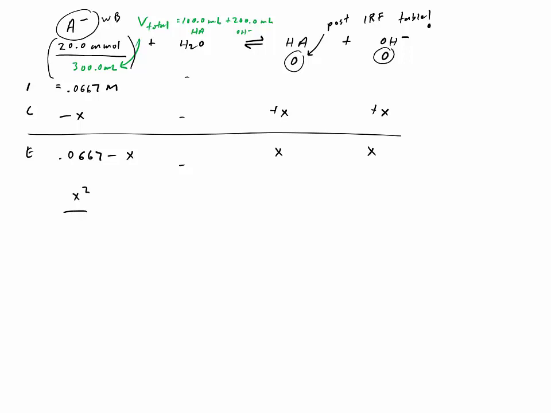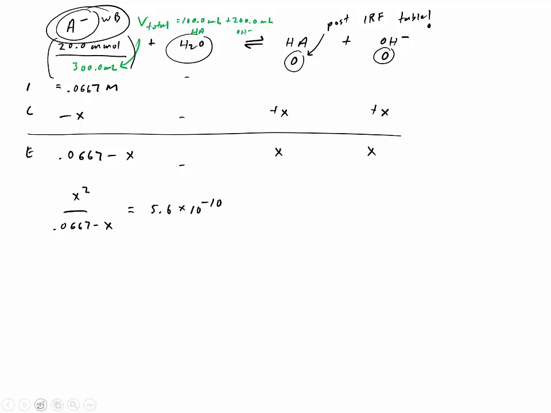And so here's another little nuance about doing the equivalence point: this is a base now, so we need to be using Kb. So we need to convert our Ka into Kb. So our Kb is 5.6 times 10 to the negative 10th.